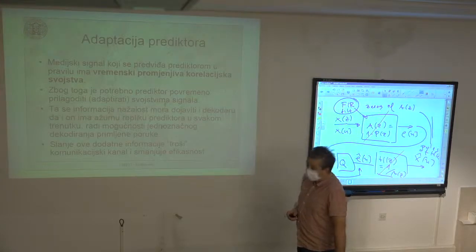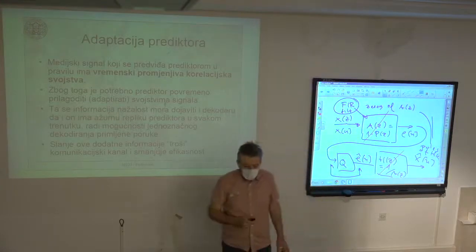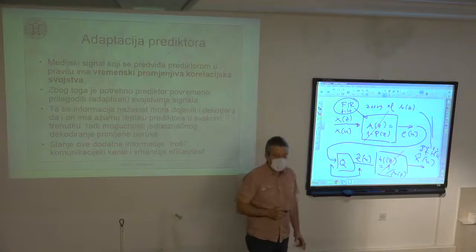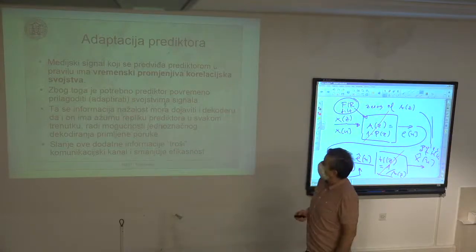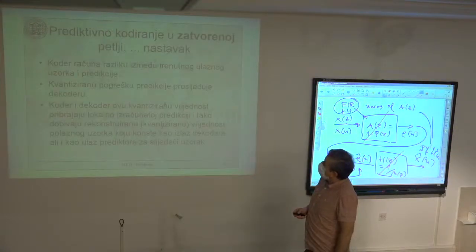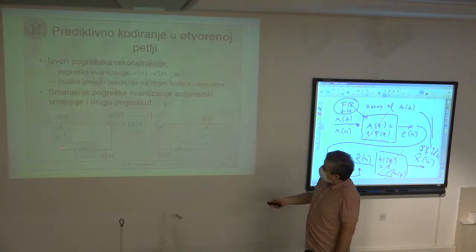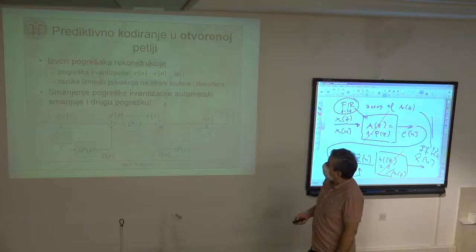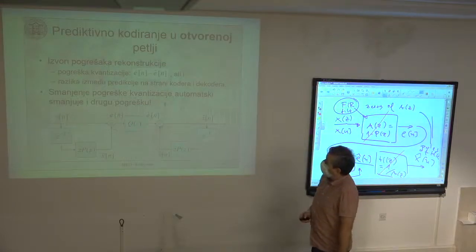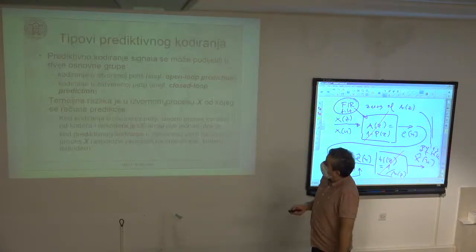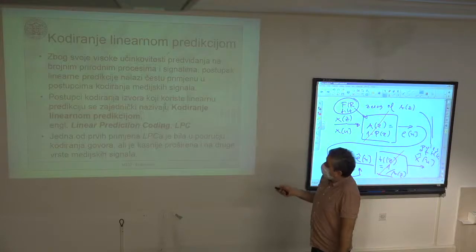Then one additional topic is related to the adaptation of the prediction filter. As I have said before, this predictor must be optimally determined. And one possibility to determine the predictor is with the autocorrelation method for linear prediction coding.